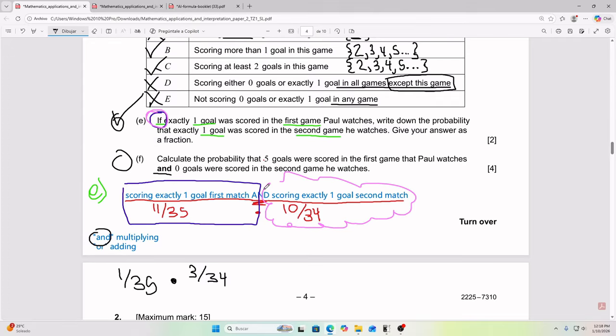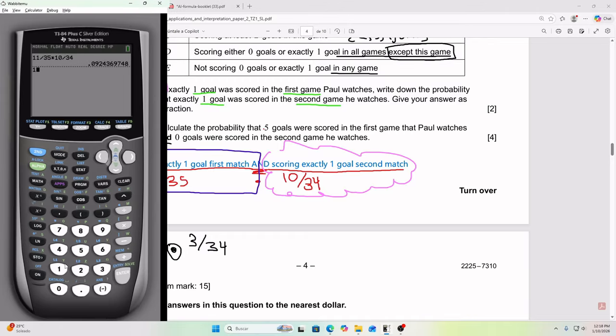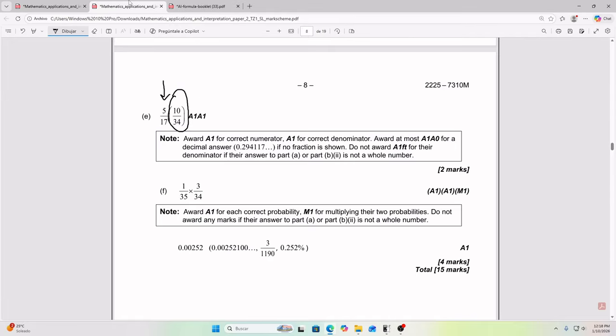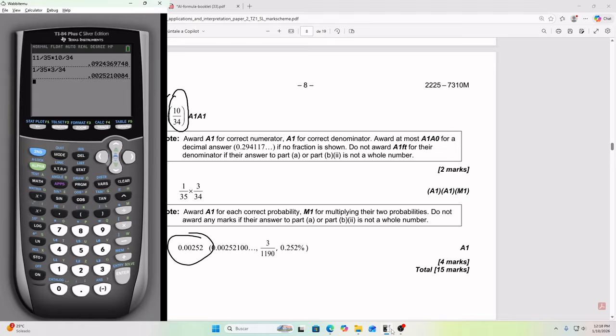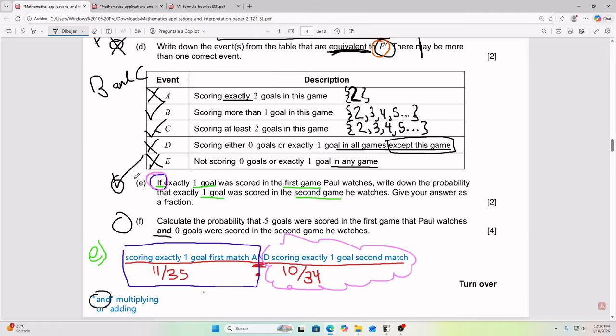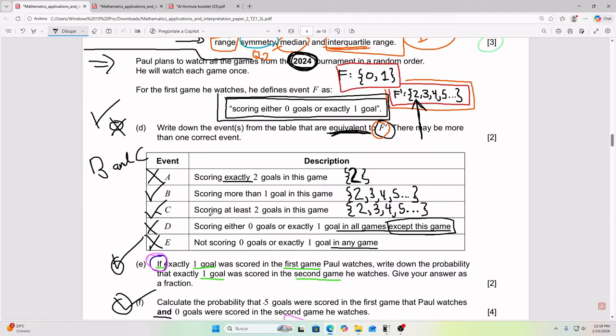And so now the logic of the and is applying. So here we end up with 1 divided by 35 times 3 divided by 34. That gives you the 0.002, which looks just about right to me. Ladies and gentlemen, that is how you would solve for part F.